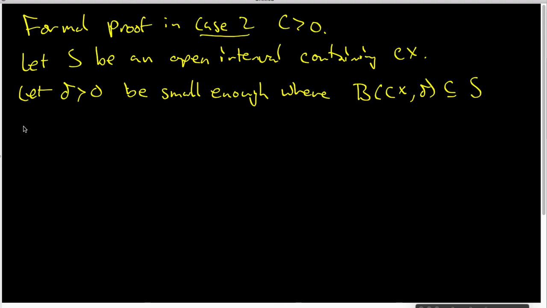Now, what I'm going to notice is this. Since C is bigger than 0, delta divided by C is also bigger than 0.